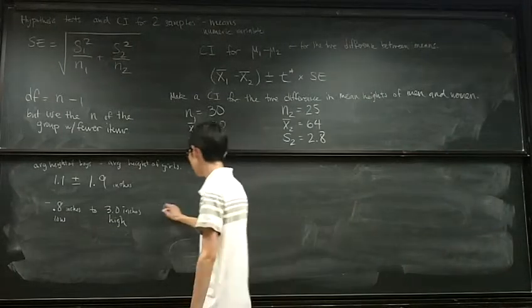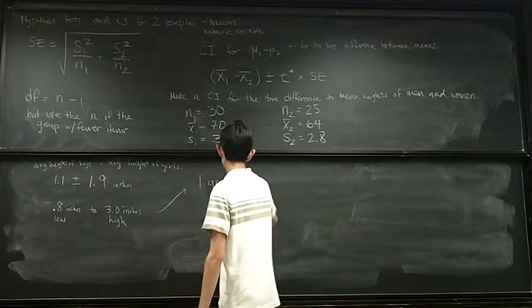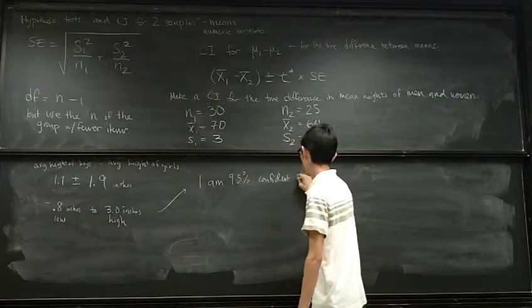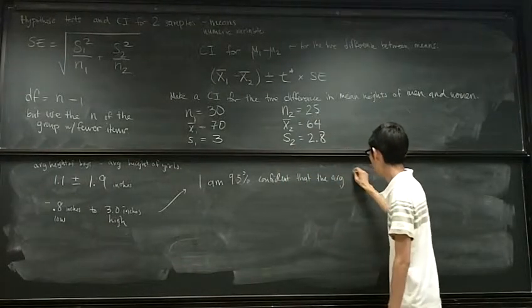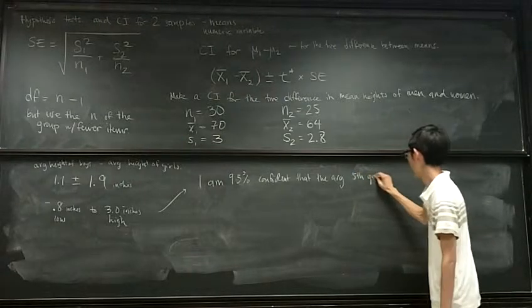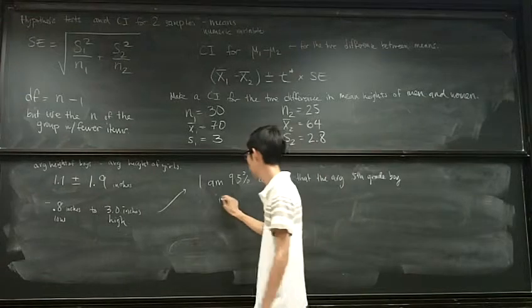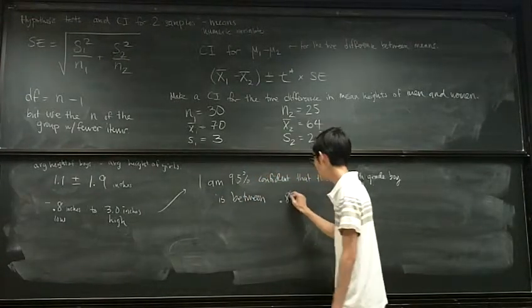Okay, so if I had to write the sentence here, I'd say I am 95% confident that the average boy, I guess average 5th grade boy, is between 0.8 inches what?